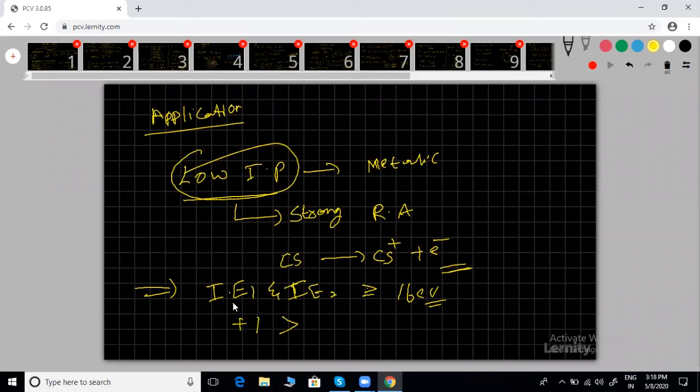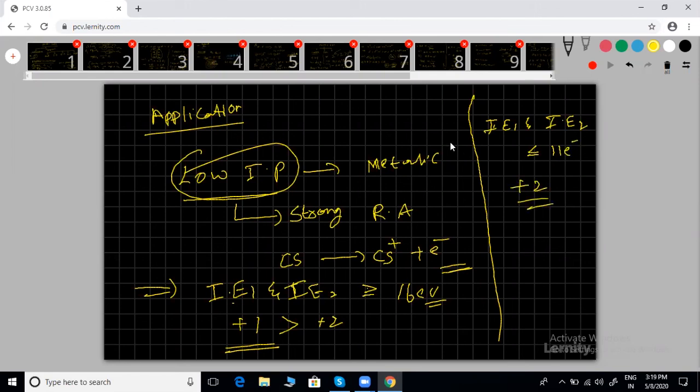IE1 means +1 oxidation state, IE2 means +2 oxidation state. Clear? So +1 is more stable. These are rough values, you won't get that much, but still. If the ionization energy difference between IE1 and IE2 is less than or equal to 11 electron volts, then +2 is more stable.